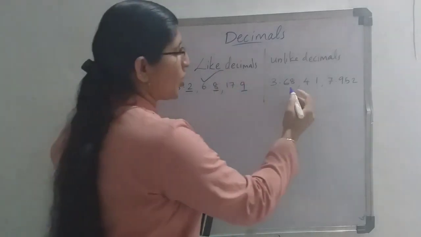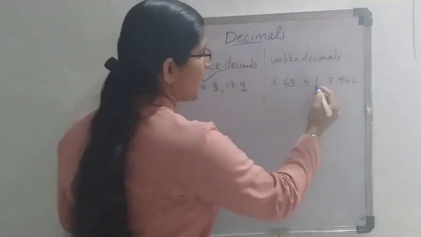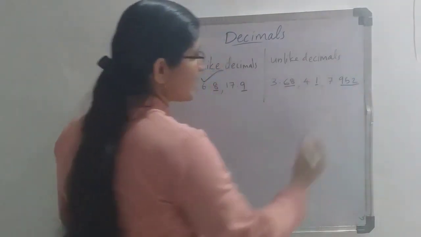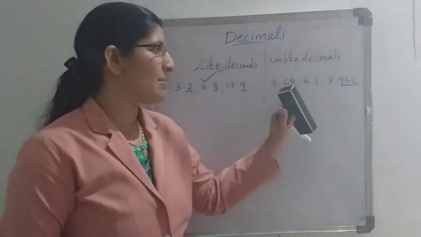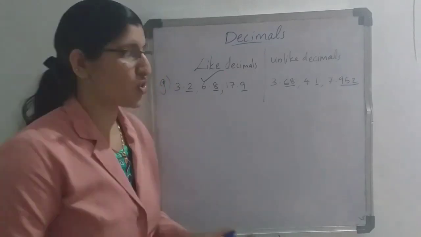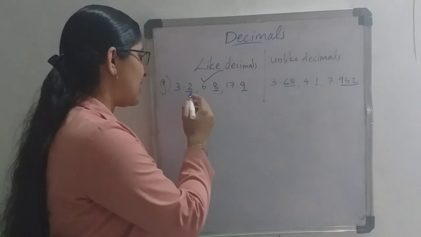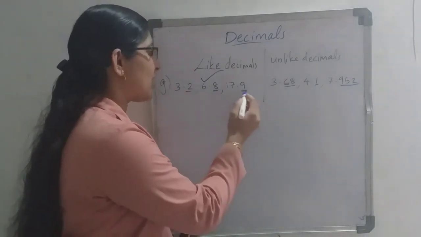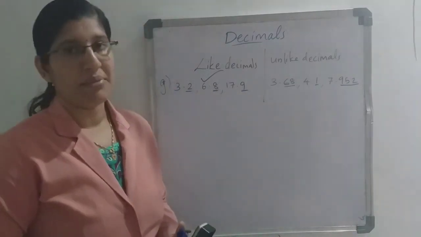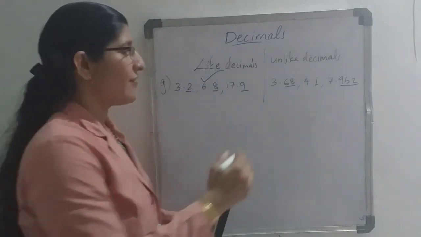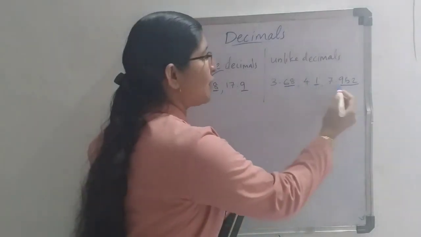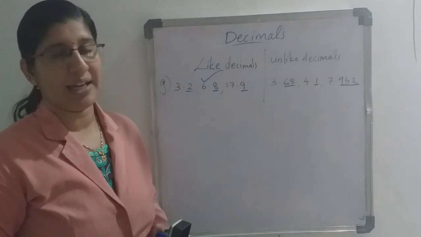In the case of these, look, here 2 decimal places, here 1 decimal place, here 3 decimal places. So the decimal places of each number are different. So this is unlike decimals. Clear? So once again, whenever the decimal places are the same for each number, that is called like decimals. Whenever the decimal places are different for the numbers, that is called unlike decimals.